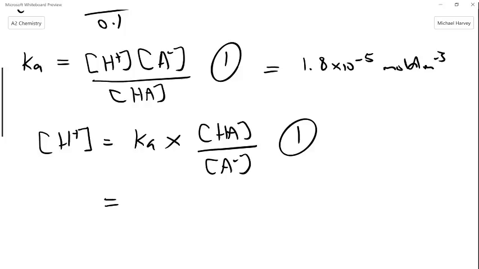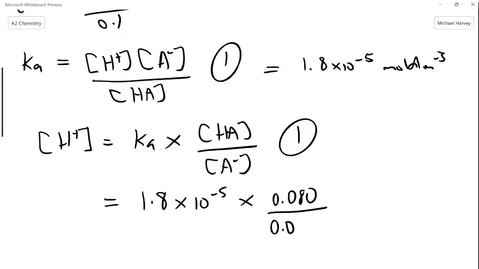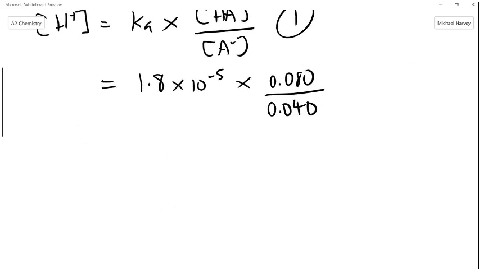And we just plug those numbers in: 1.8 times 10 to the negative 5 times 0.080 divided by 0.040. Just plugging those numbers in, which you're very capable of doing, which equals 3.6 times 10 to the negative 5 moles per decimeters cubed.